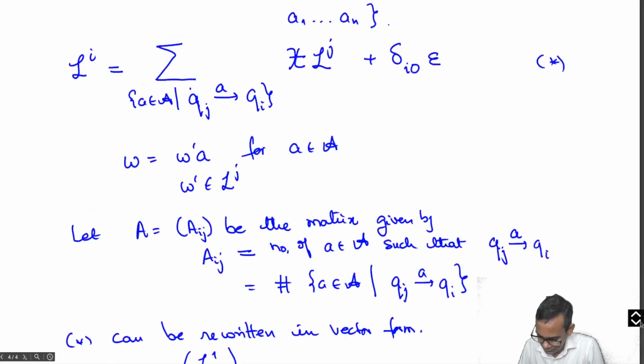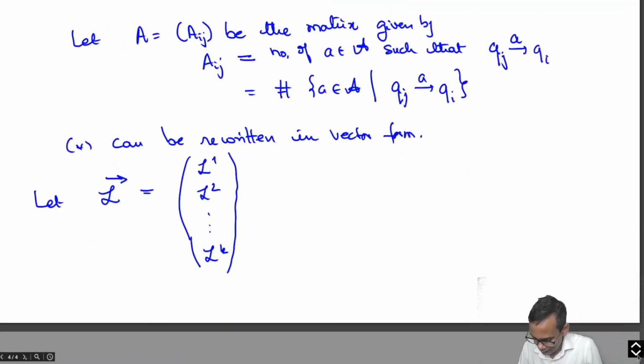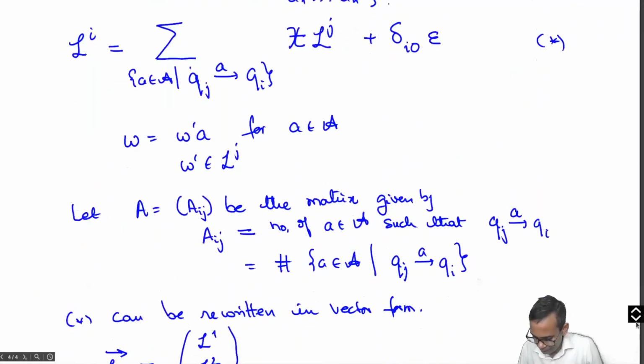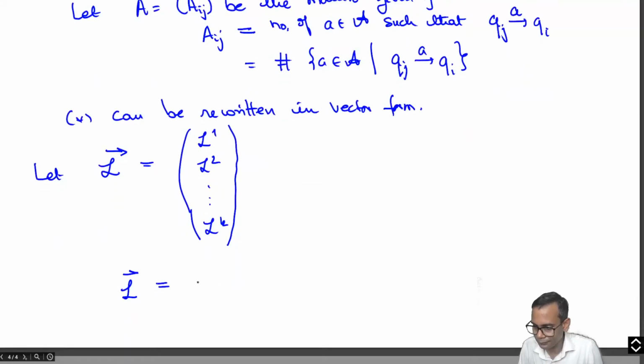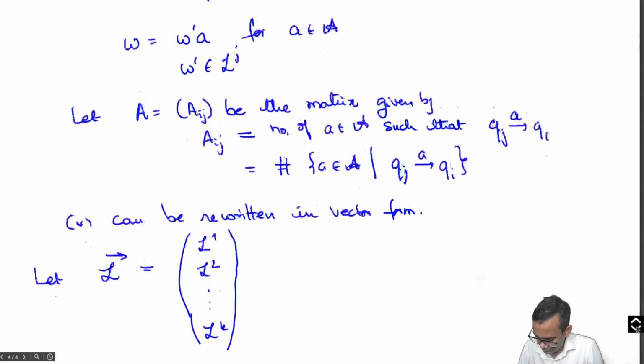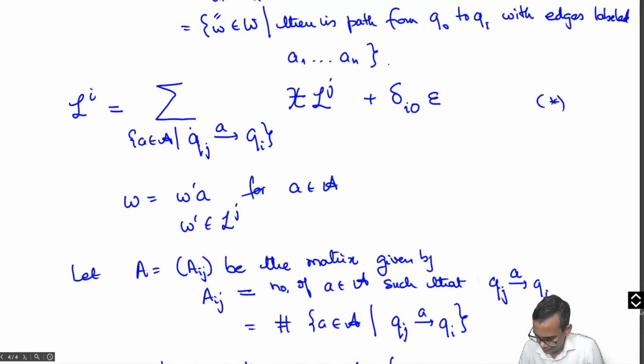Then this equation is just saying that L is equal to x times A L plus epsilon 0 0 0. So this identity is equivalent to this identity.